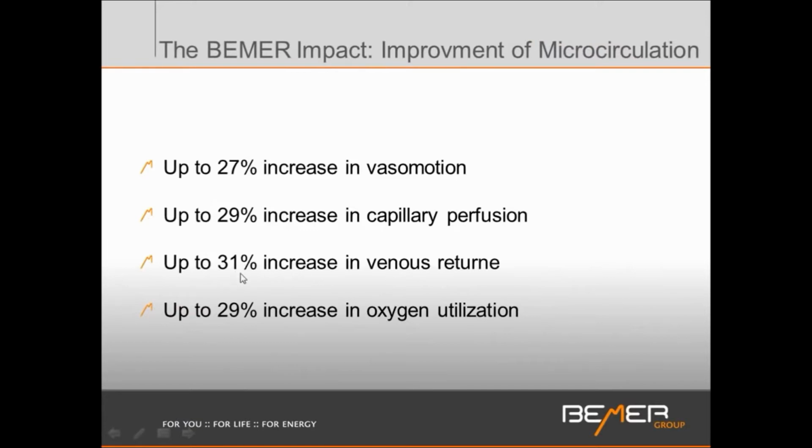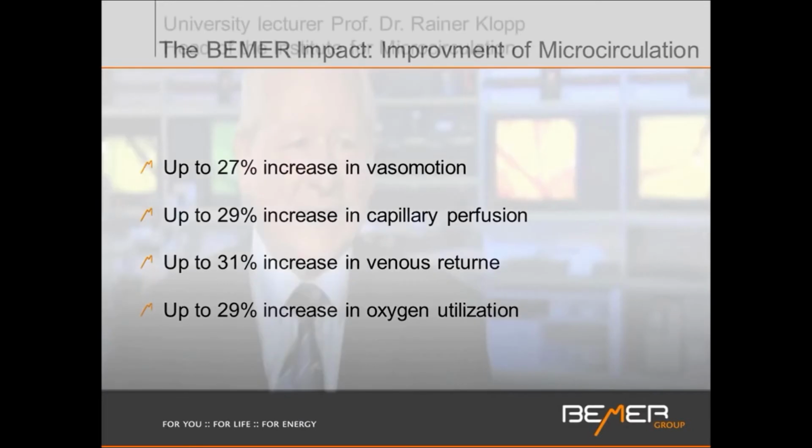And venous return, meaning we're taking out more of the waste that may have accumulated over months or sometimes even years, will improve by 31%. And oxygen utilization improves by 29%. And that means your body will produce more ATP, it will function better, and the ability to get back into homeostasis is enhanced. For that purpose, I want to show you a video where this is very observable.